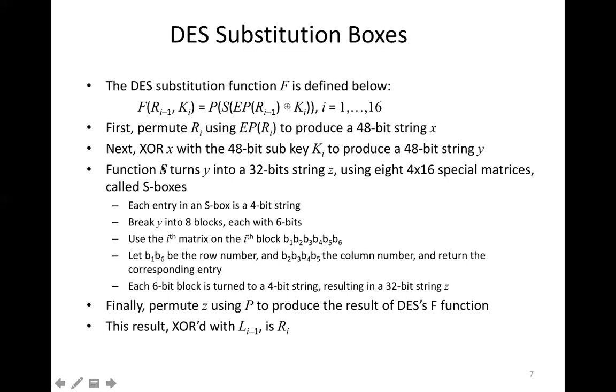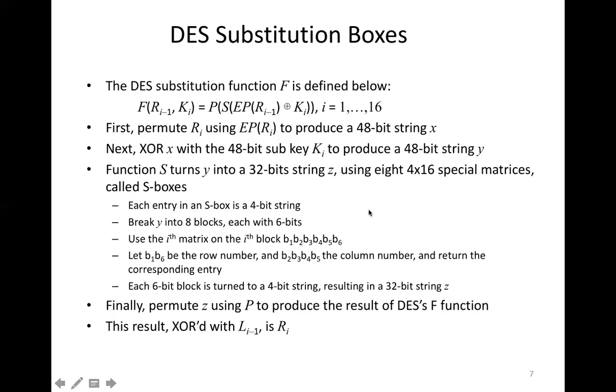And this S function uses 8 matrices. These are specially designed matrices, and each of these matrices is 4 rows and 16 columns. Each matrix is called an S box.